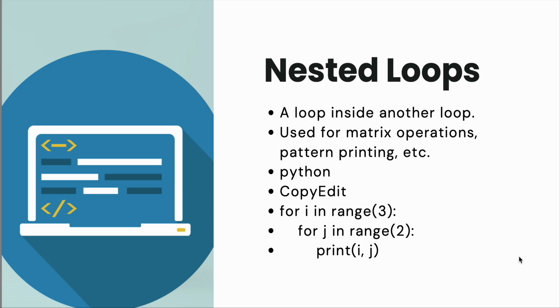Or maybe in a school grading system, one loop should go through each student, and the second loop should calculate marks of each subject. So this can be used in matrix operations, pattern printing, and in case of Python, we can use for i in range 3, for j in range 2, like that.